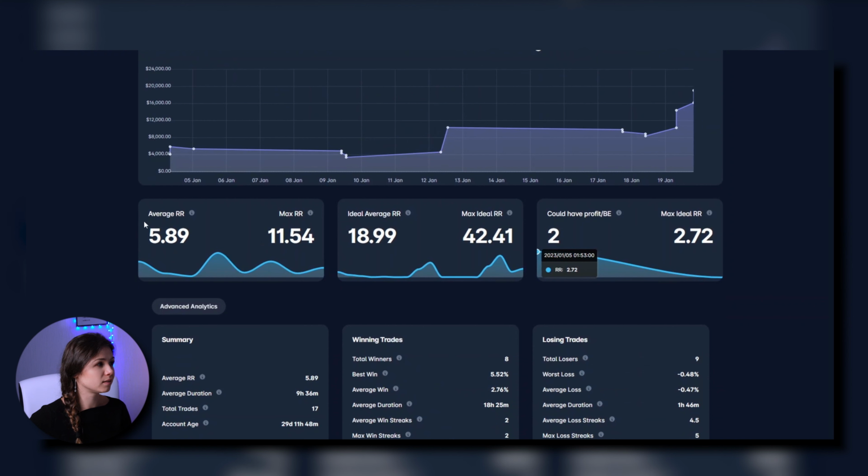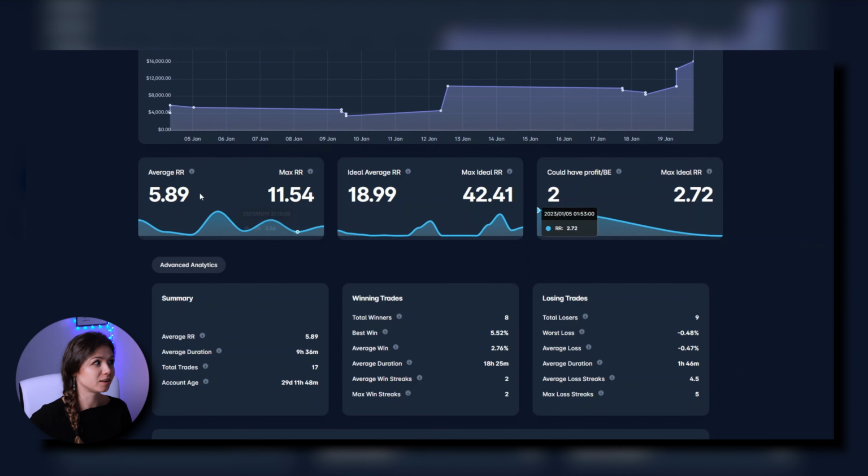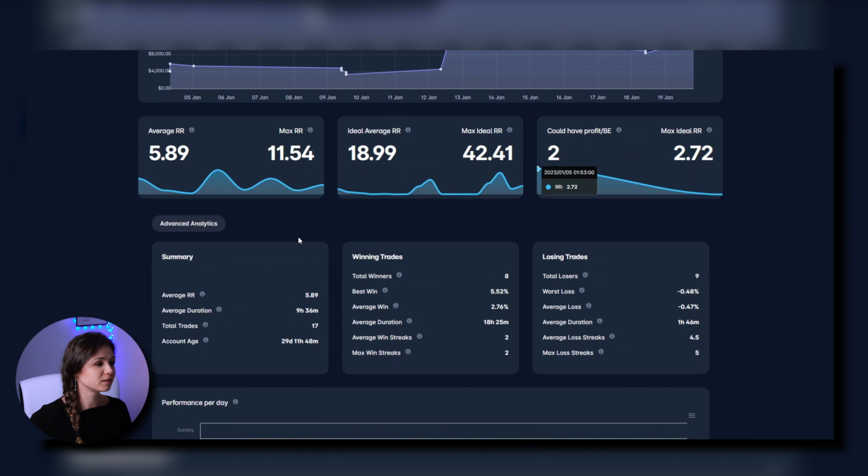We can see that the average risk to reward was 6 almost, or 5.9. The max risk to reward was 11.54. Usually I wasn't aiming for such high risk to rewards, but for the sake of this strategy, I will definitely continue backtesting it and see if the results will remain so good.